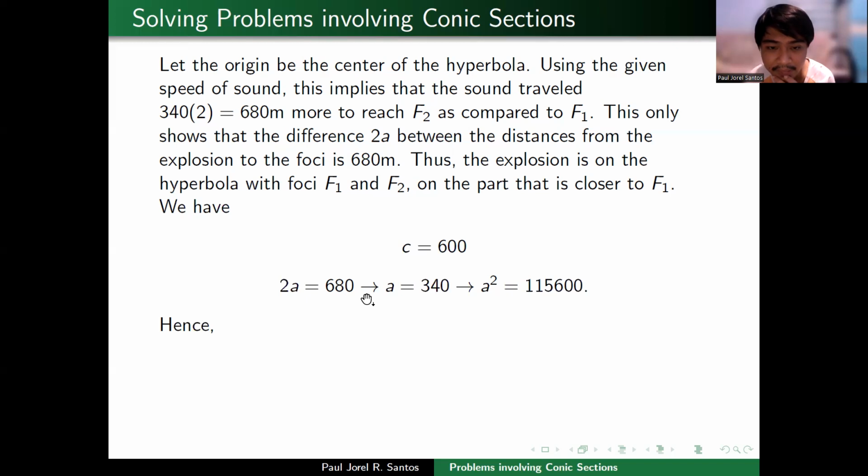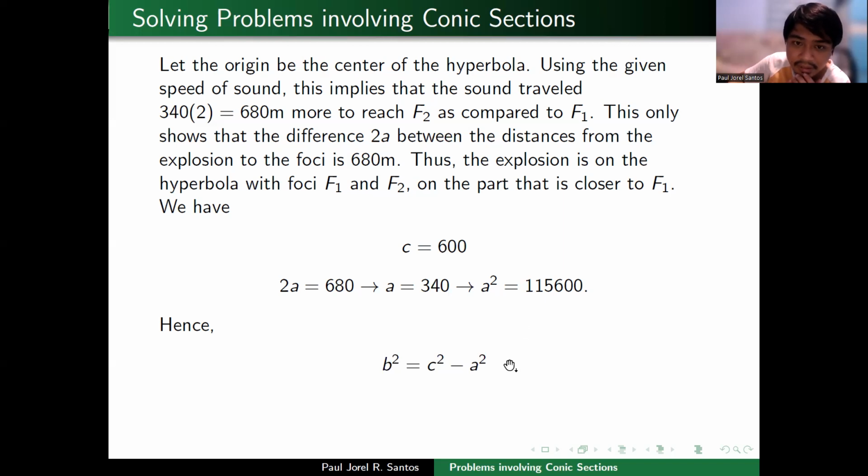So it implies that a is 340 and a squared will be 115,600. Hence, b squared is equal to c squared minus a squared. The original equation is c squared is equal to a squared plus b squared, or c is equal to the square root of a squared plus b squared.